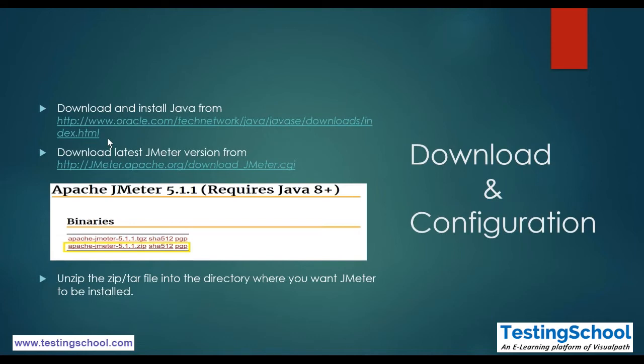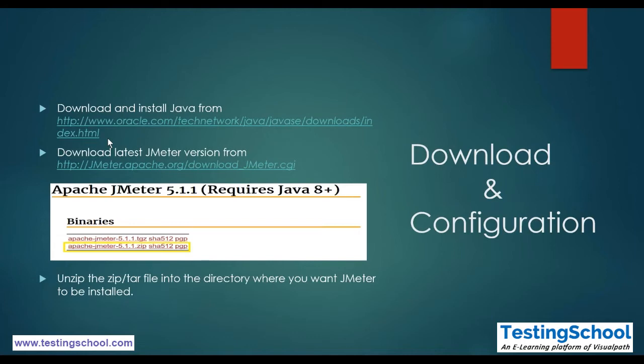So you should remind yourself before downloading the Java JDK and JRE that it should be 1.8 or more. Once you navigate to the Apache JMeter site, in the download section, you can see two binary files. One is zip and another is in a different format.